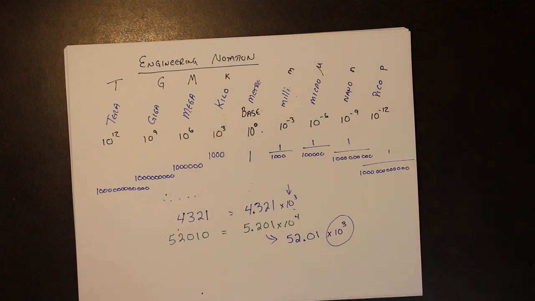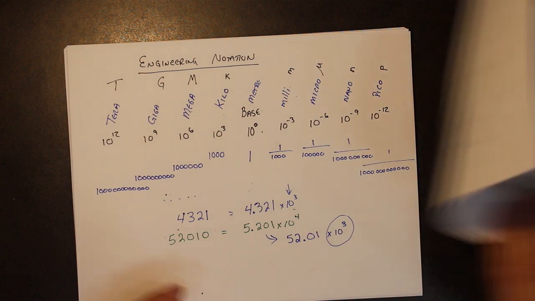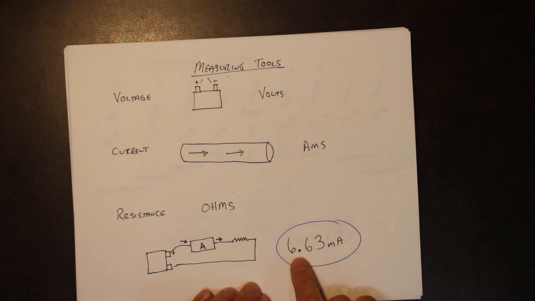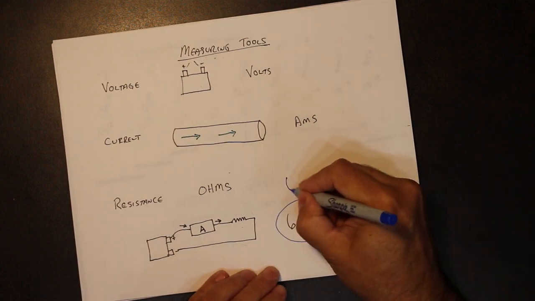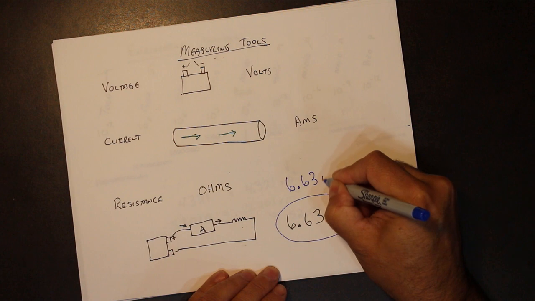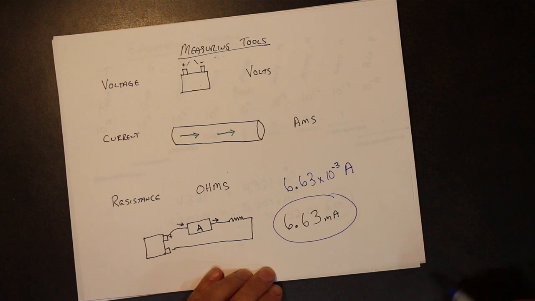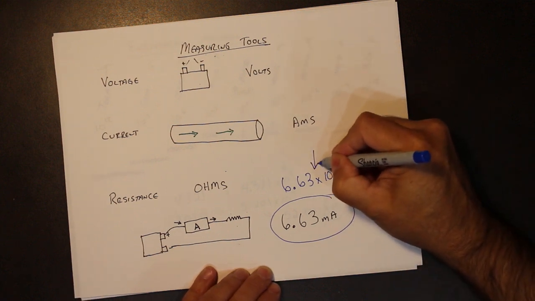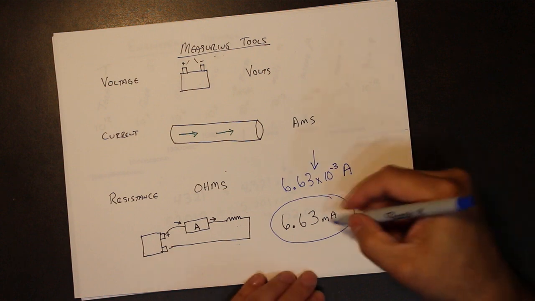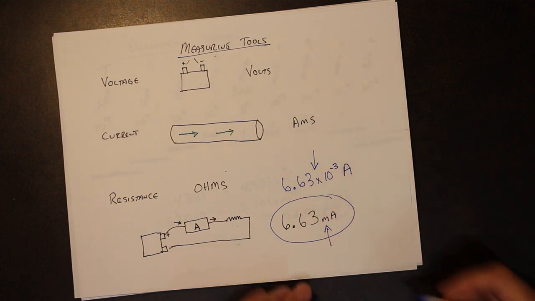Just a couple of minutes ago, I did a measurement for you: 6.63 milliamps. What that is, is 6.63 times 10 to the minus 3 amps. So this is engineering notation. This is what we call a prefix.